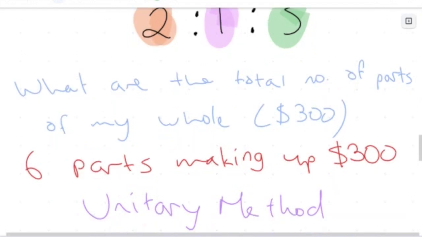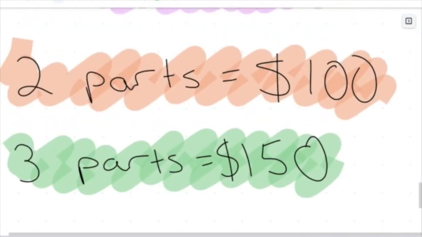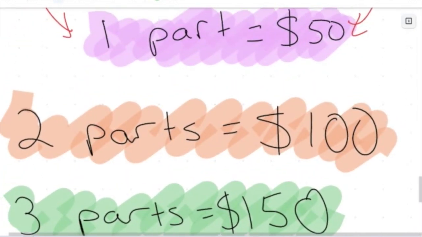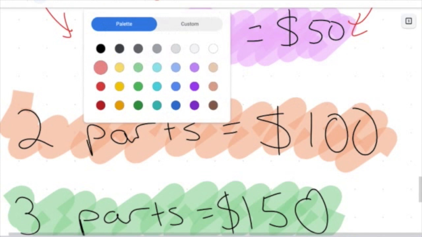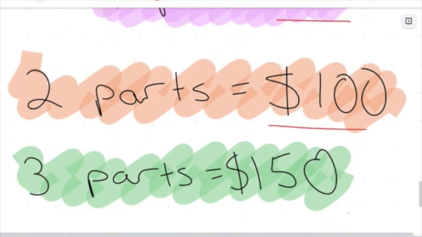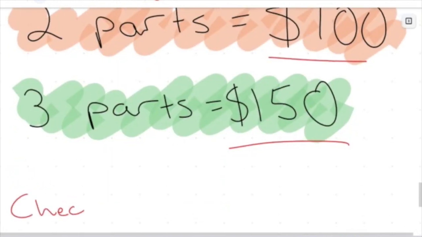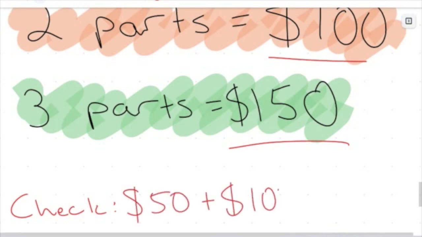And I can actually double check that that's correct, because if all of these parts made up the whole, then in theory, if I add 50 and 100 and 150, that makes up my whole. That makes 6 parts. So I should get 300. Now let's just check that. I'm going to add 50 to 100 to 150.